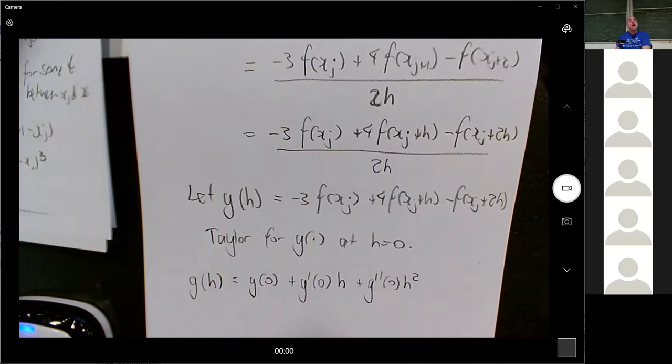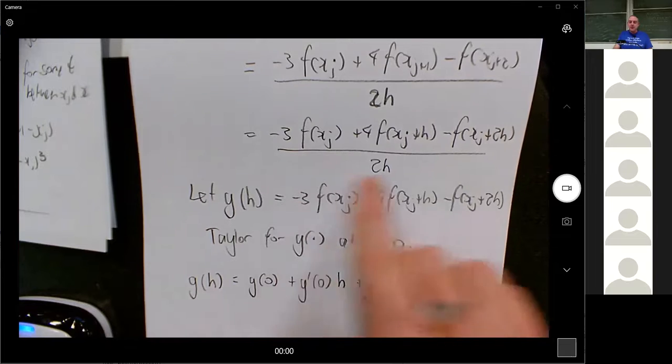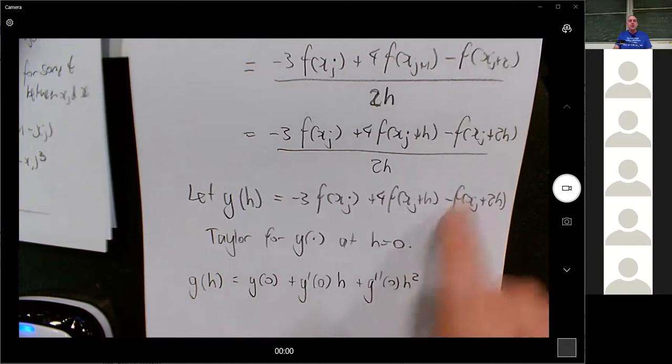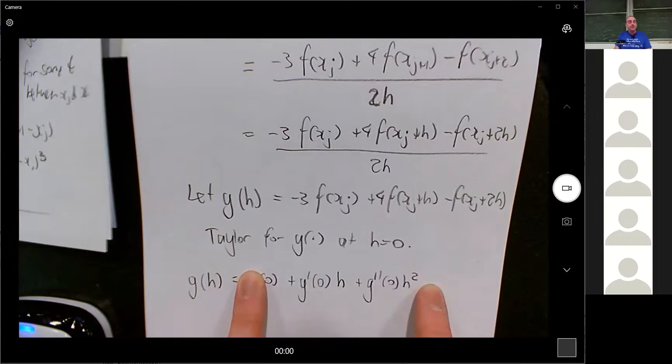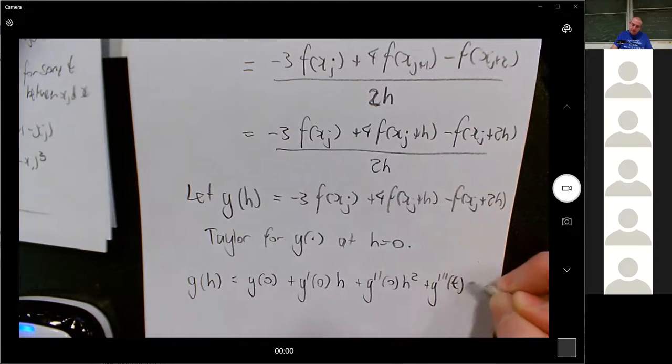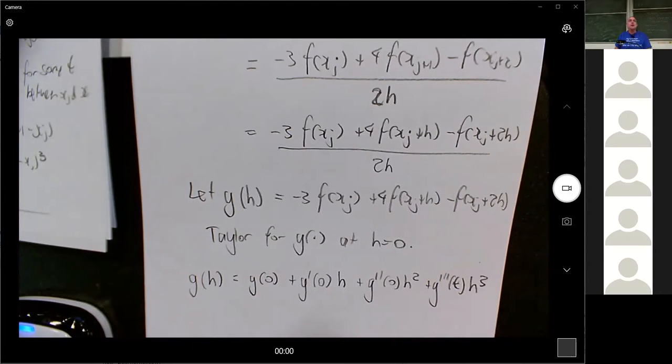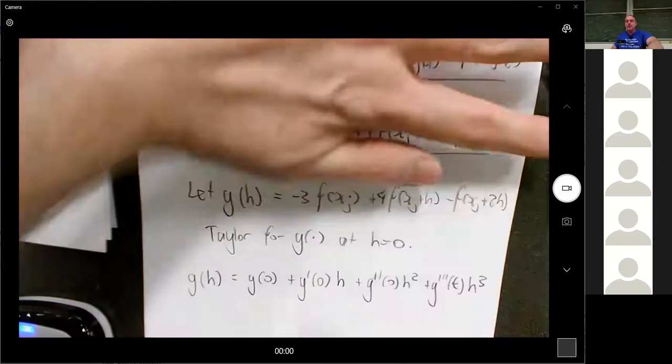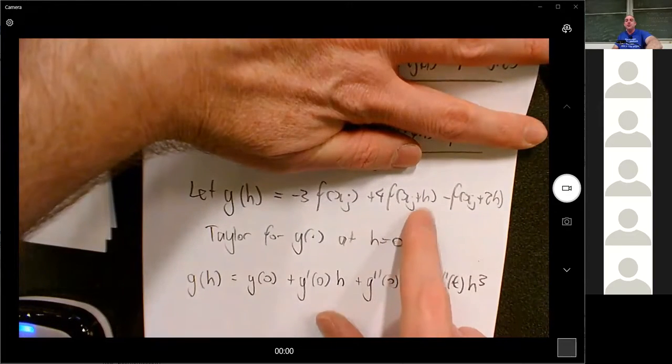And the same thing's going to happen as happened last time. This is going to be approximated using this thing here. And so I'm going to use the third derivative to get my h cubed, same as I did before. So I'm ignoring what the xj is doing now and just focusing on the h's.